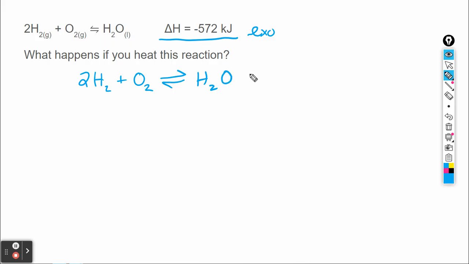Well, if this is an exothermic reaction, then the energy term should be written on the right-hand side, exactly as if it was a product. So if we heat this up, then we are increasing this amount of energy. Increasing this amount of energy will shift our equilibrium to the left.